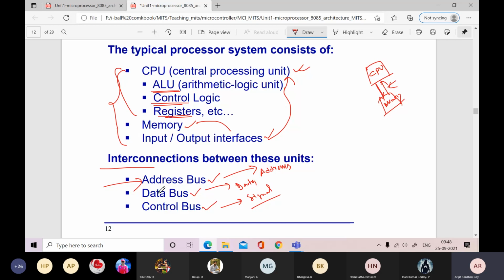How will these buses work? Suppose this is my CPU. This is my memory. Suppose this is my input and output, and this is my control signal, control.